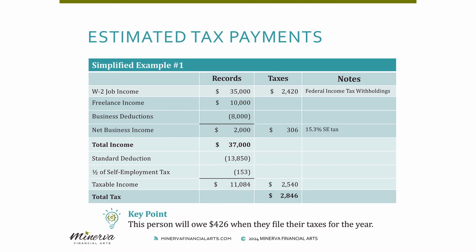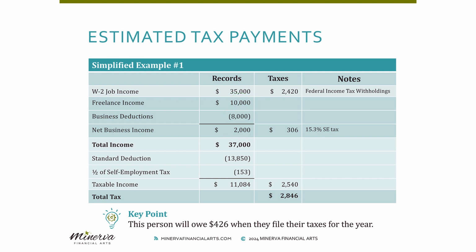So for this example, we can see the person has income from their W-2 job of $35,000. Their W-2 job is withholding taxes on that amount for $2,420 during the year. From their freelance business, they'll have $10,000 of income and $8,000 of expenses, which is an extra $2,000 in net business income.